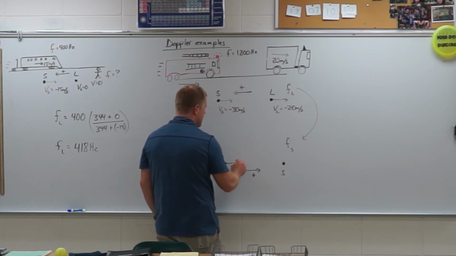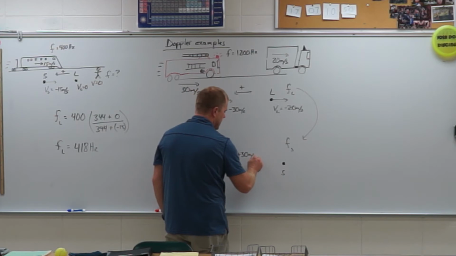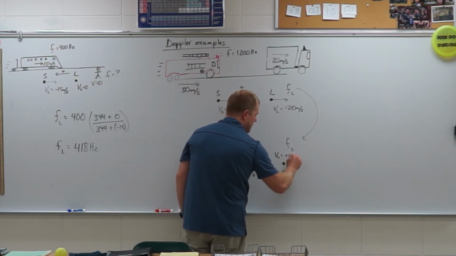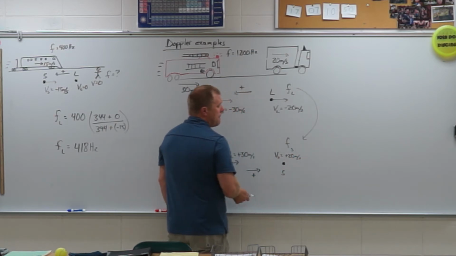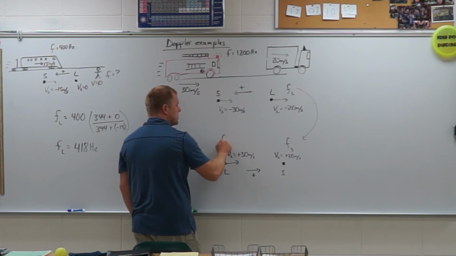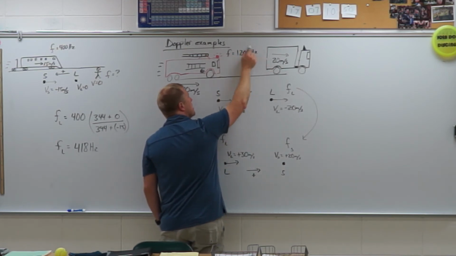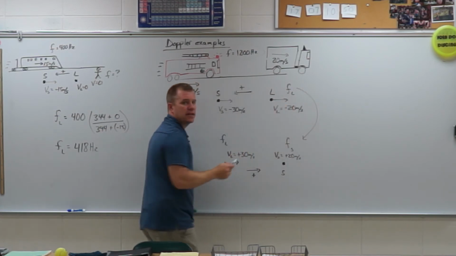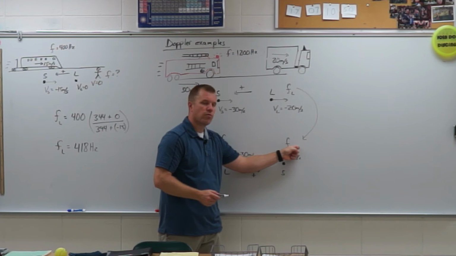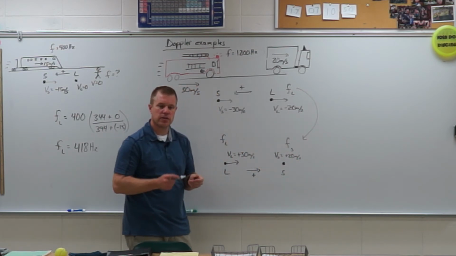So now the fire truck has a velocity of positive 30 meters per second and the truck has a velocity of positive 20 meters per second. This is our link between these two problems: we use the frequency emitted here to calculate what's observed by the truck, use that as my reflected sound source, and then observe what's listened to by the fireman.